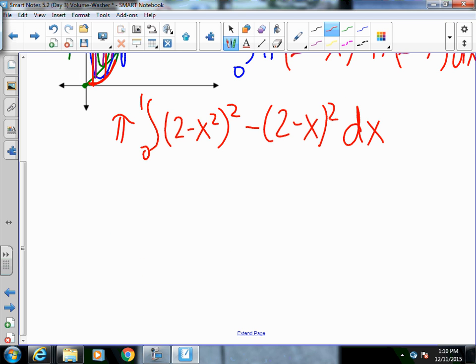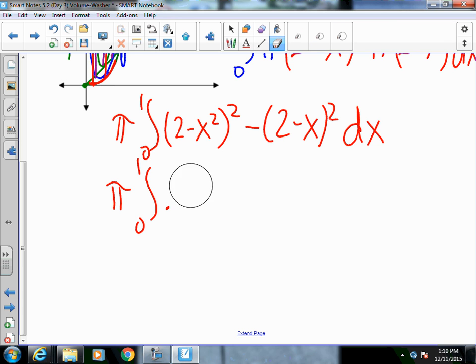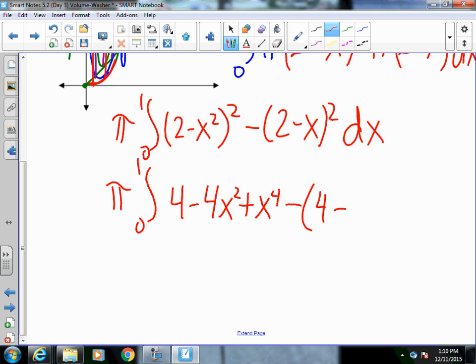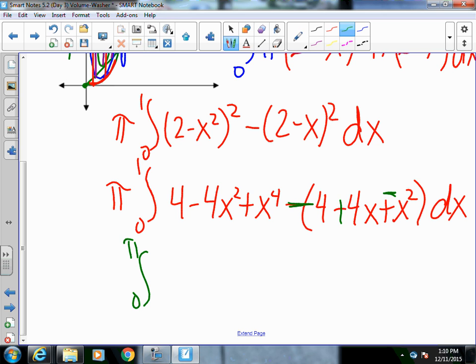If we simplify this a little bit, we get pi, 0 to 1, 2 minus, oh, sorry, I'm squaring this. We get 4 minus 4x squared plus x to the 4th, minus 4 minus 4x plus x squared. I'm going to go ahead and distribute my negative. And if I combine like terms, 0 to 1, my pi out front, my 4s are gone.